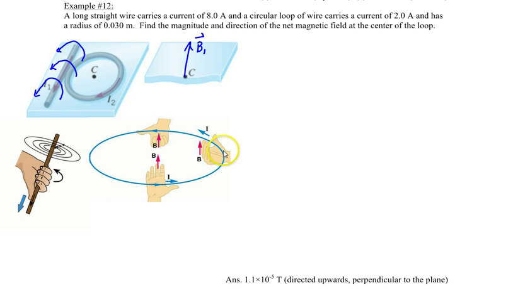So if you grab it so that the current goes clockwise, your fingers would, rather than curl out of the middle of the loop as in this picture, actually curl in. So the magnetic field for wire 2 will be going in here, and also in here, and in here. In the center of this loop, the field will be going into the plane of the page, so B2 is going down through the plane.